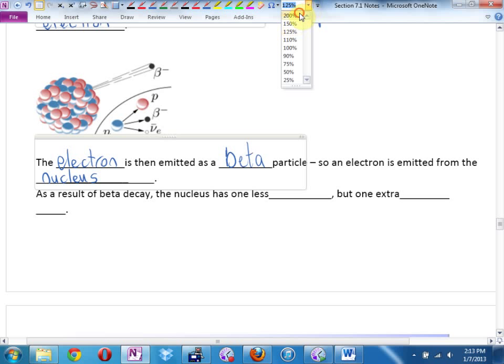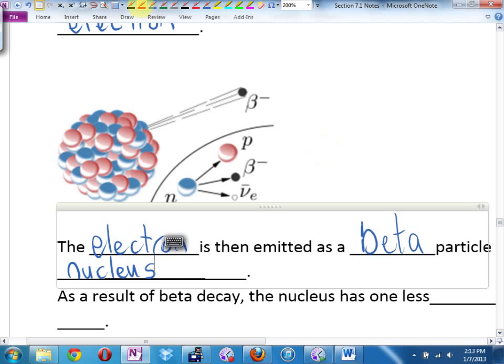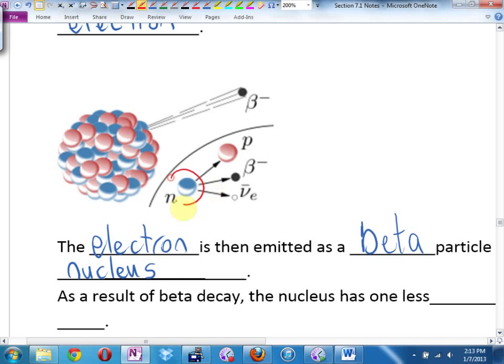If we zoom in, here's what's happening. Somewhere inside the nucleus, one of the neutrons goes haywire.